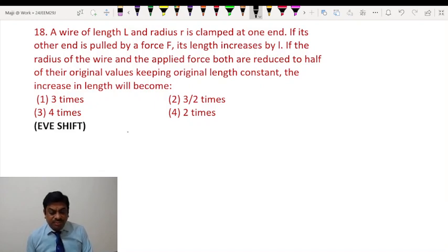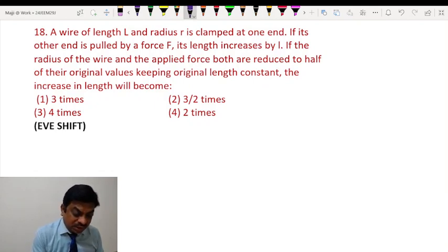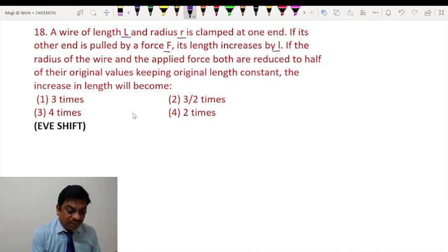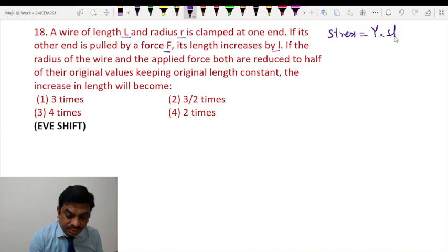Very simple. I am solving this, just see, students. First of all, you have to write the formula interlinking the length, cross-section radius, the force, and increase in length. Everything seems very clear, and it is an apparent topic from elasticity. So we'll go with this basic formula: stress is equal to Y into strain.